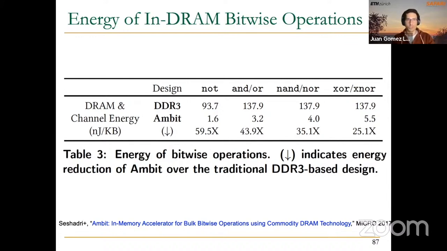The proposal has been tested in simulation using SPICE, as you can imagine, and it has shown enough reliability, not in all cases, of course. There is a small percentage of cases where it fails, but that might still be acceptable for many workloads.